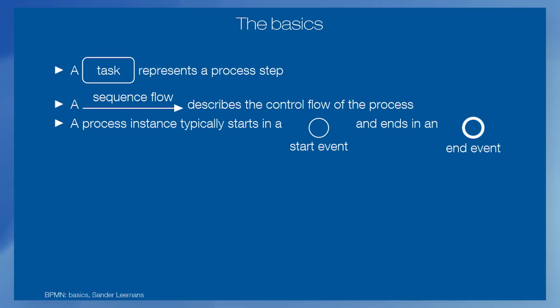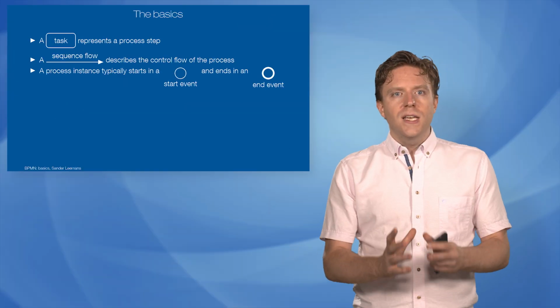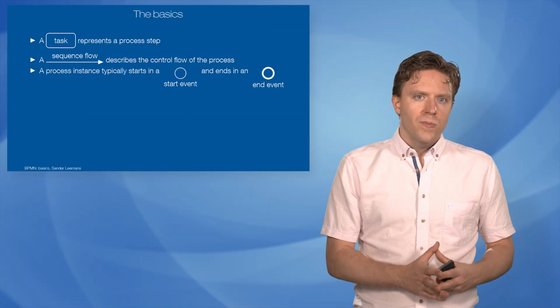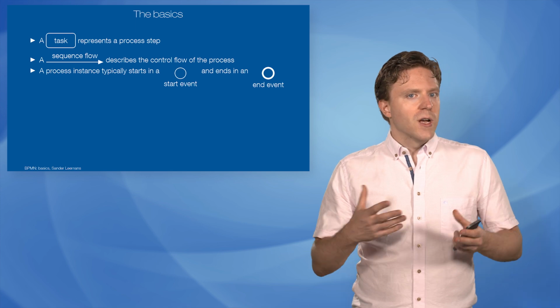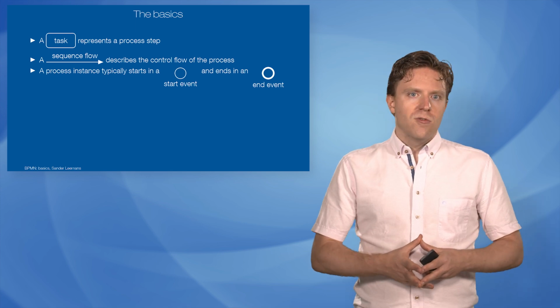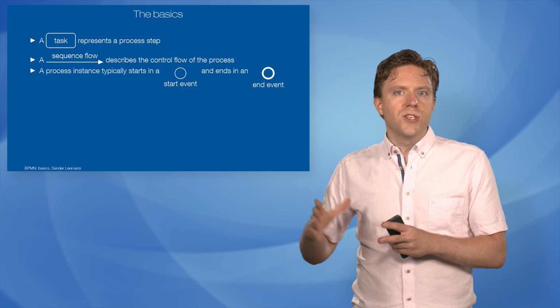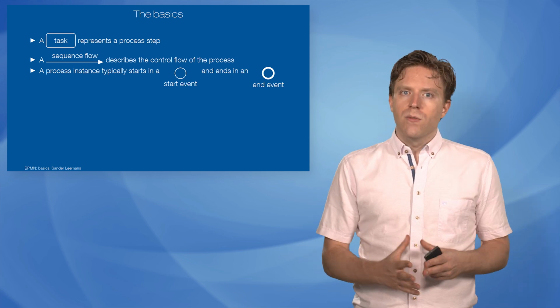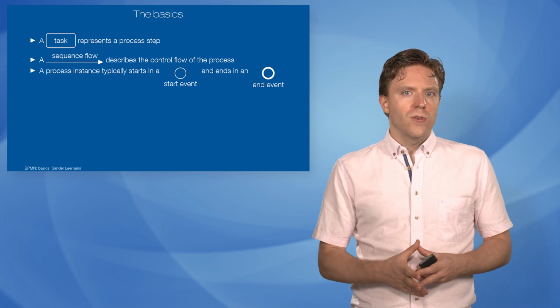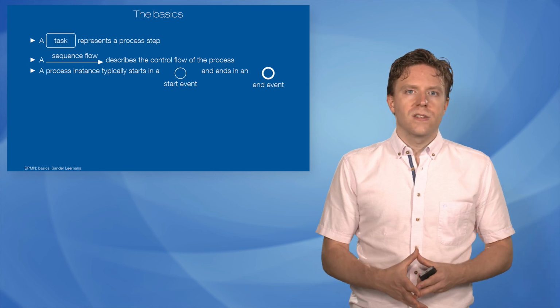We need to start the process somewhere, and we can do that using a so-called start event and an end event. A start event indicates the start of a process. So we have a sequence flow coming out of a start event, then going through tasks and reaching an end event. And then we can understand from the model what the order of tasks is.